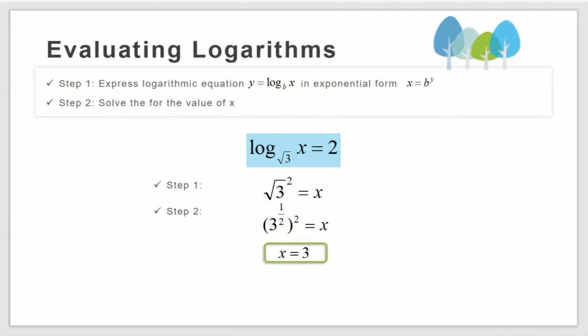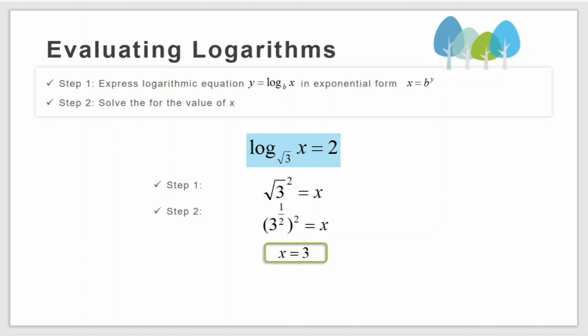Okay, another example for x. So we have 2 equals the logarithm of x to the base square root of 3. Again, 2 equals the logarithm of x to the base square root of 3.